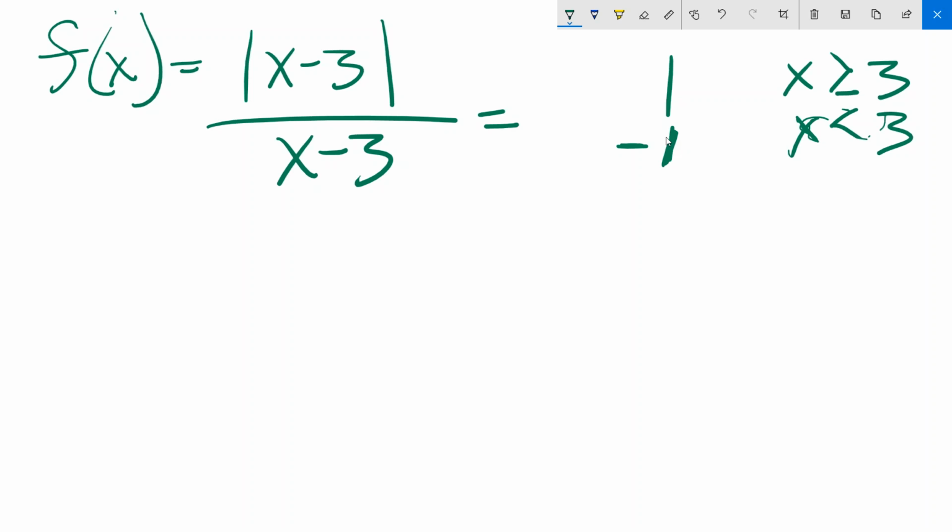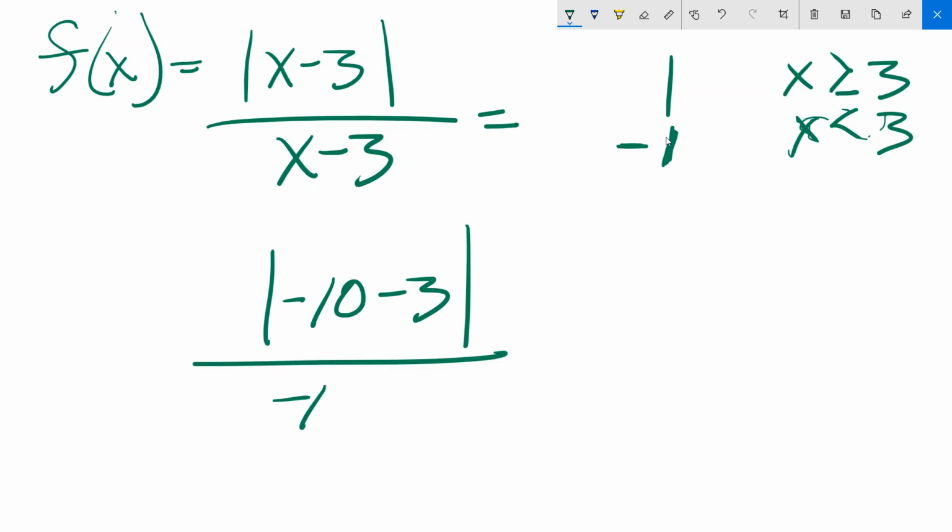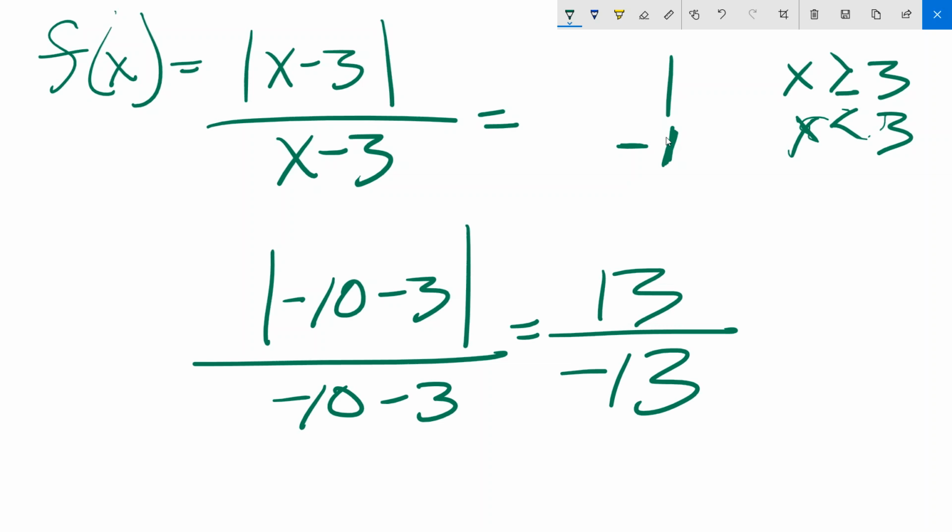In other words, what did I say? If we make it minus 10, so I'm going to plug in minus 10 for that, and I'm going to plug in minus 10 for this, well, that's the absolute value of minus 13, which is 13 over negative 13. So whenever x is less than 3, the function is minus 1.